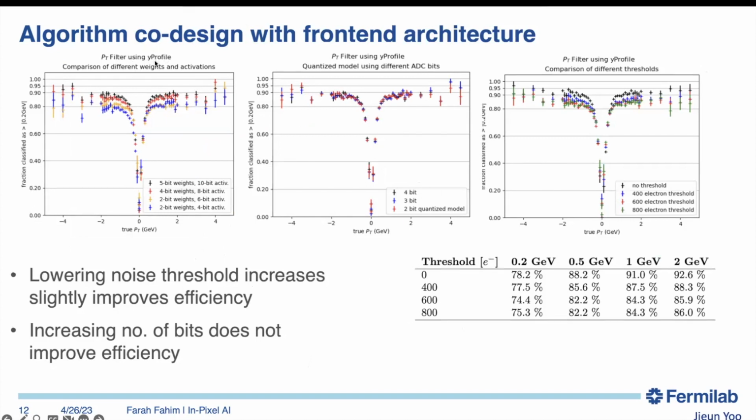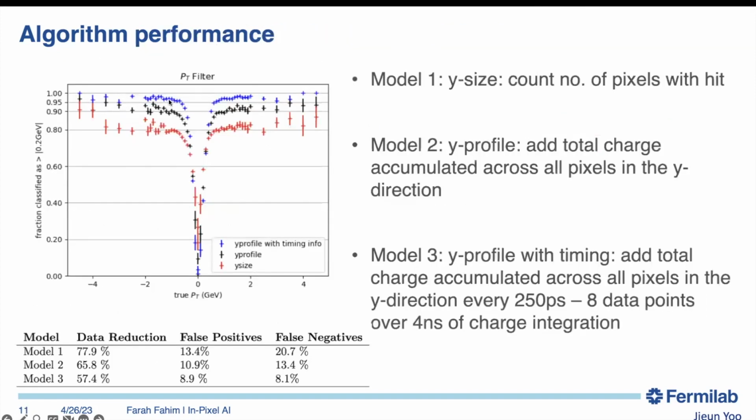For the rest of the work, we did not go forward with the Y size. We are investigating Y profile because it's easiest to do a deep neural network with the digitized data. We're also investigating a spiking neural network for the time slice information.